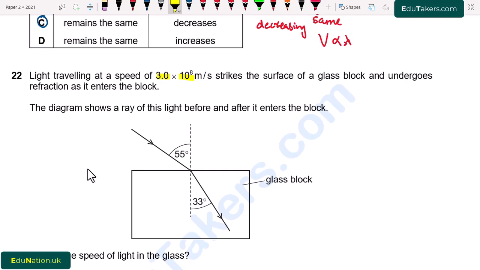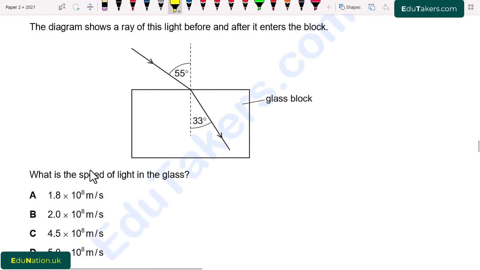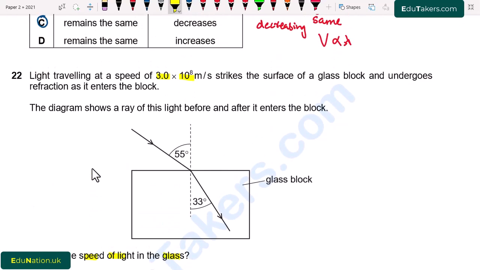So here is the ray of light striking the boundary of the glass block, and there is the process of refraction. What is the speed of the light in the glass? So here we have to find the speed of light in glass. First of all, we can see that the angle of incidence is given, which is 55 degrees, while the angle of refraction is 33 degrees.